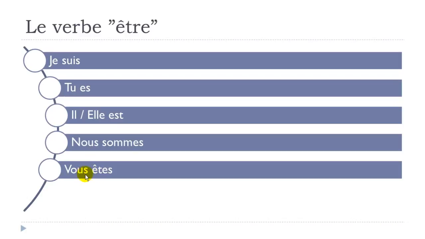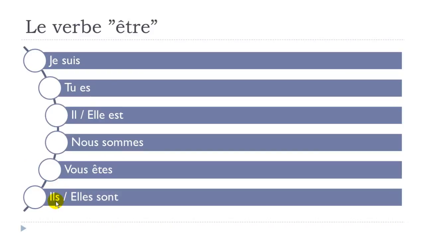So vous êtes, z, it goes like that. Vous êtes, okay? All right, so let's see one more time. Je suis, tu es, il est, elle est, nous sommes, vous êtes. Okay, and let's see the last one.